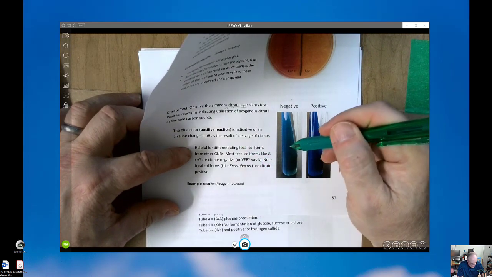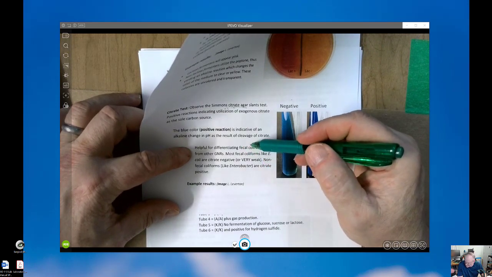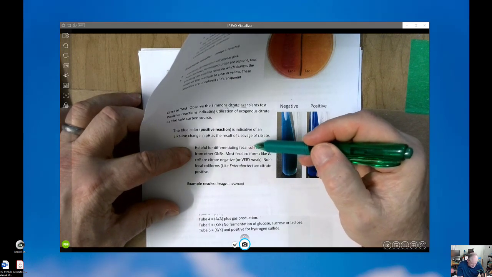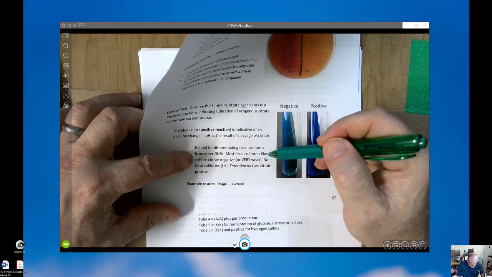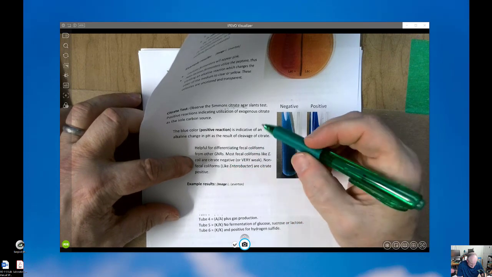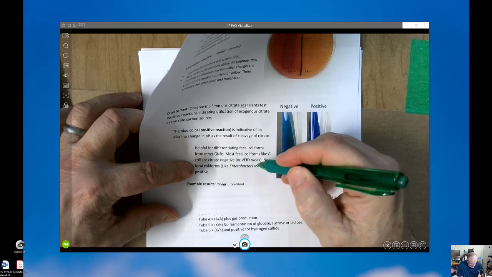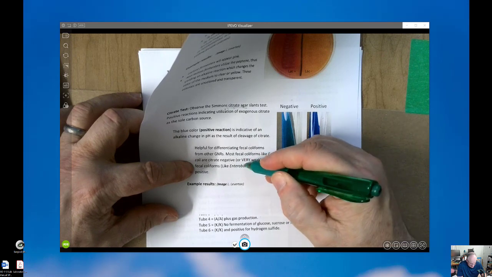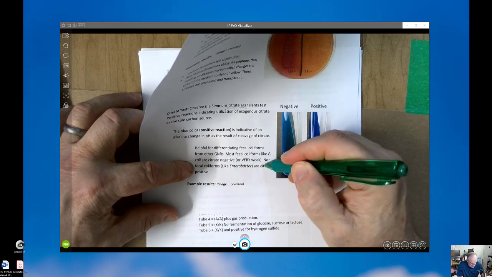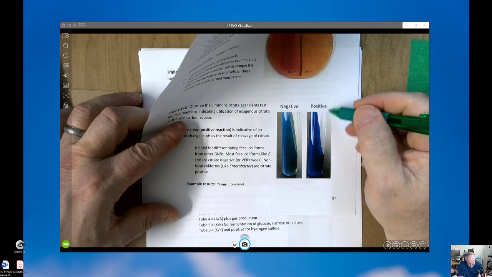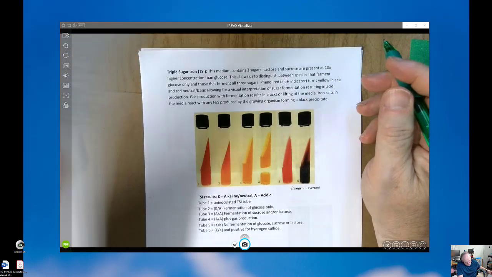We use the citrate test for differentiating fecal type samples. Most fecal coliforms like E. coli are citrate negative, and non-fecal coliforms like Enterobacter are citrate positive. So really clear to see the two there.